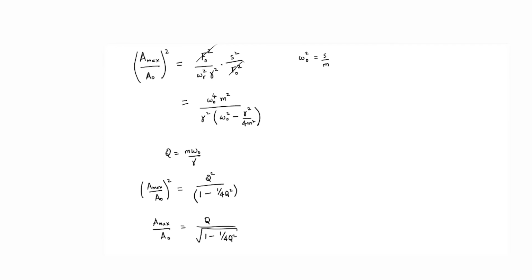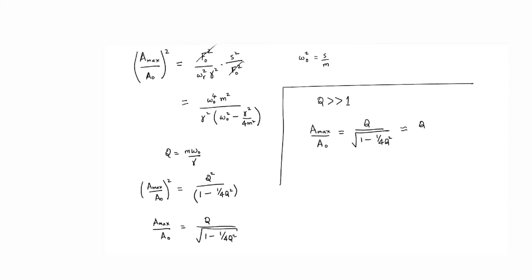And now, we will take the limit that Q is much greater than 1, meaning that we are working in the regime of parameters where Q value is very large, in which case this expression here becomes approximately equal to Q. So, this is our required expression, that A max by A 0 is Q, and remember that A 0 was F 0 by S.